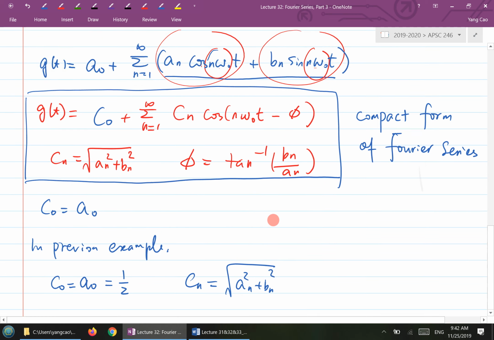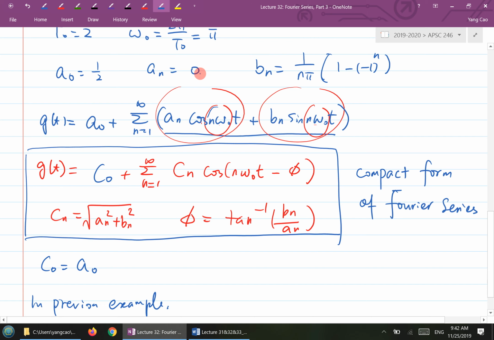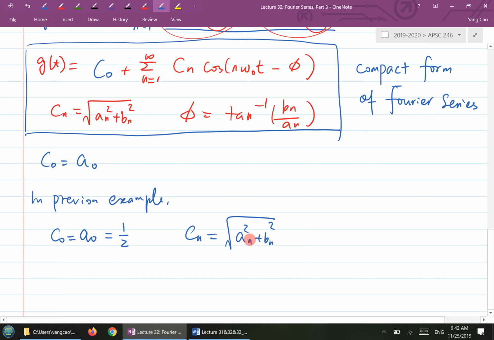And An in the calculation of that example is 0. Bn in the calculation of that is this term here. So when you plug in An and Bn, if this is 0 and this is Bn, you end up with just the absolute value of Bn.